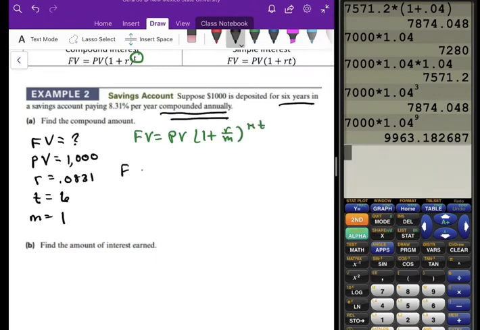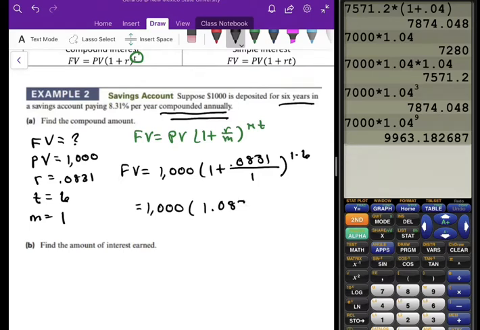So I have future value equals 1,000 times 1 plus 0.0831 over 1, to the power of 1 times 6. So I have 1,000 times 1.0831 to the power of 6.